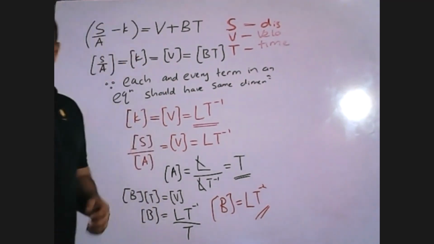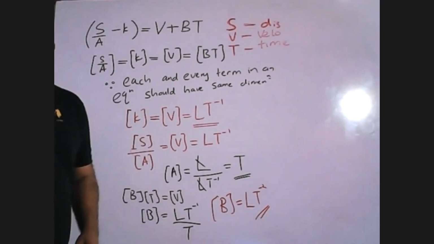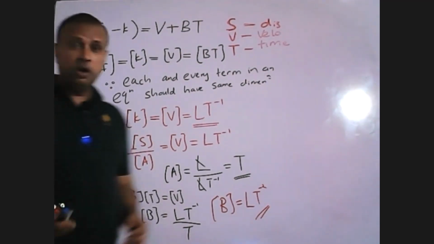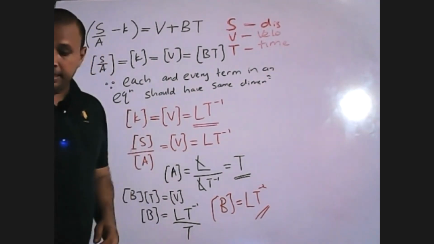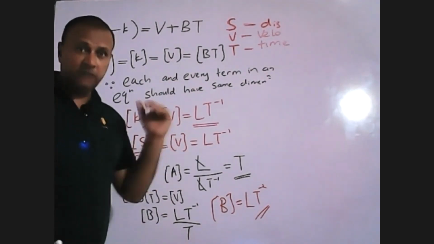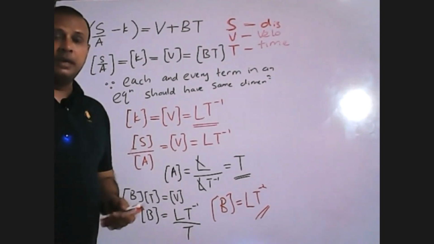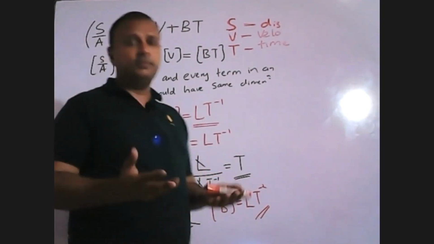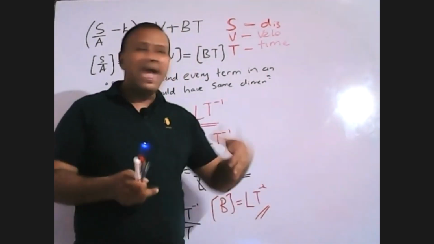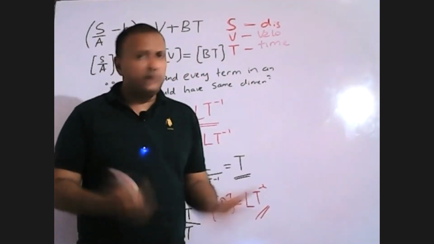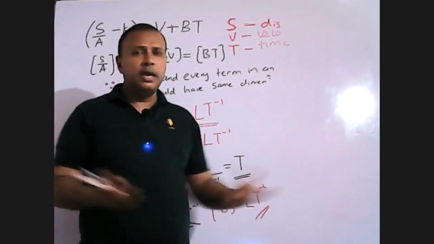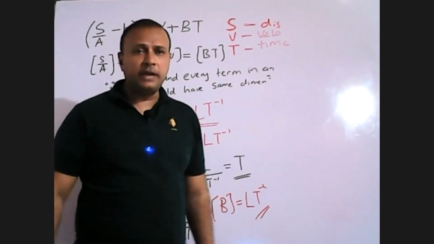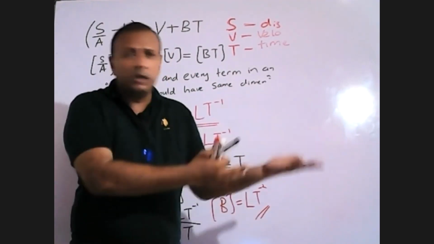Okay, look at this. First thing you should know, if there's an equation, each and every term should be the same physical quantity, no? Because we cannot add or subtract two different physical quantities. Can you add time to a kilogram? You cannot add time to a kilogram, no?